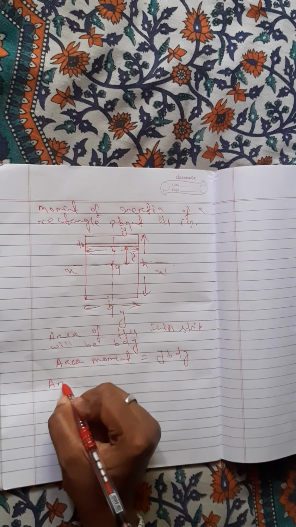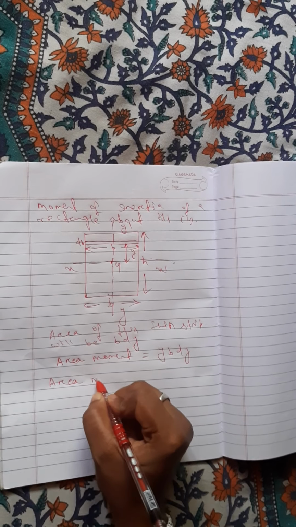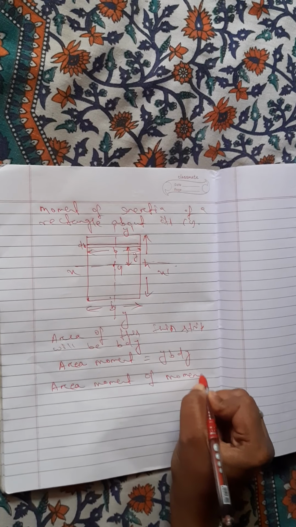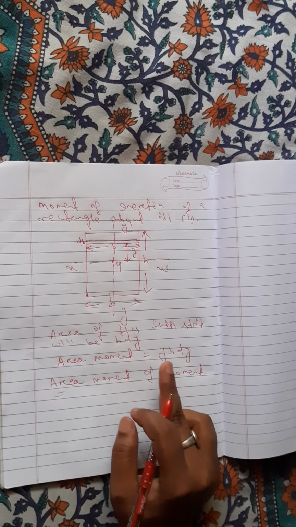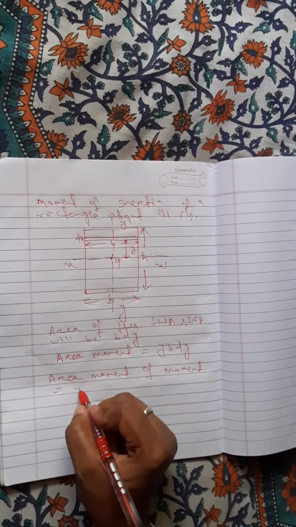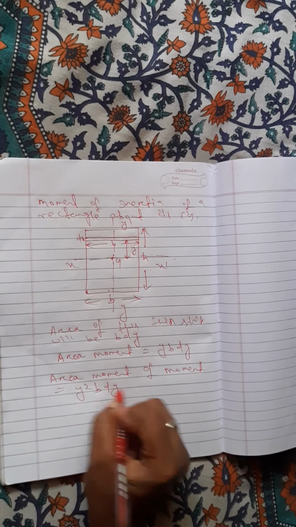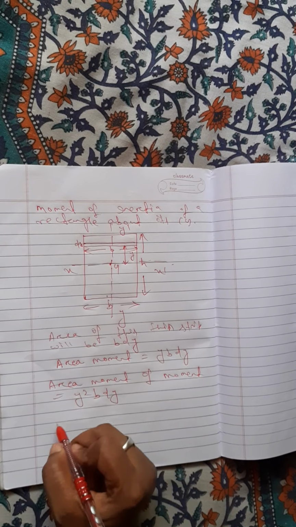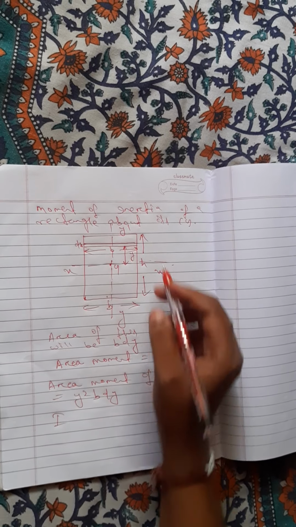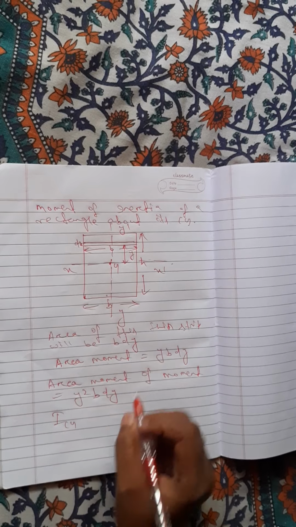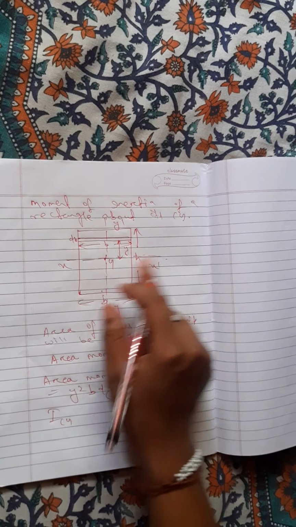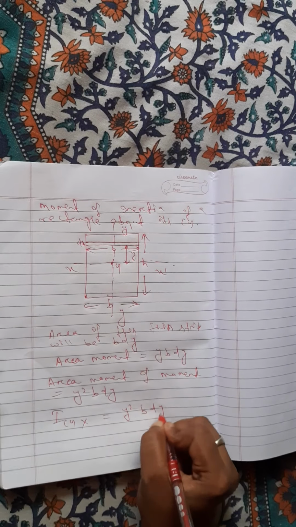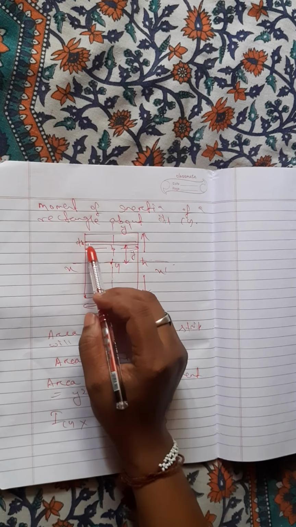And the area moment of moment will be y into y b dy, that is y square b dy. We know that the moment of inertia, about CG and about the x-axis, is equal to y square into b dy. So this is for the thin strip.